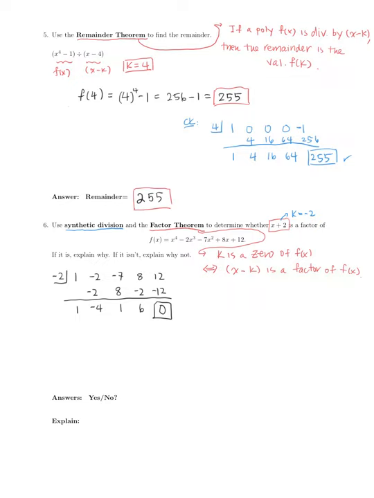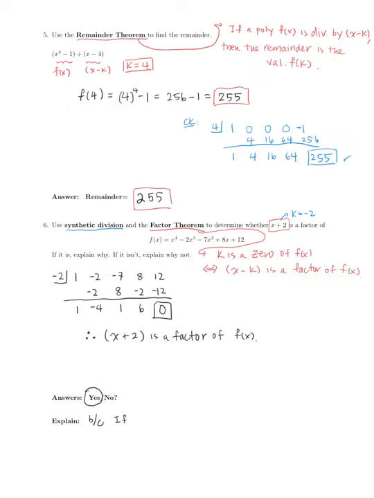All right, so therefore, according to the theorem, x plus 2 is a factor of f of x. All right, so let me see. Answers, yes or no? Yes, it is a factor. Now, explain.